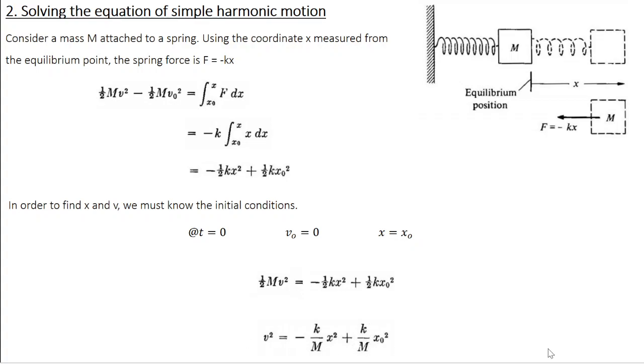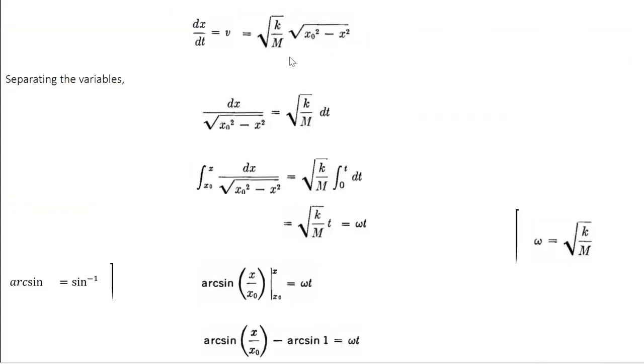From this I can calculate v as the square root of k by m into the square root of x0 squared minus x squared. This square root of k by m is a common term, so I take it outside. Now velocity is dx by dt.